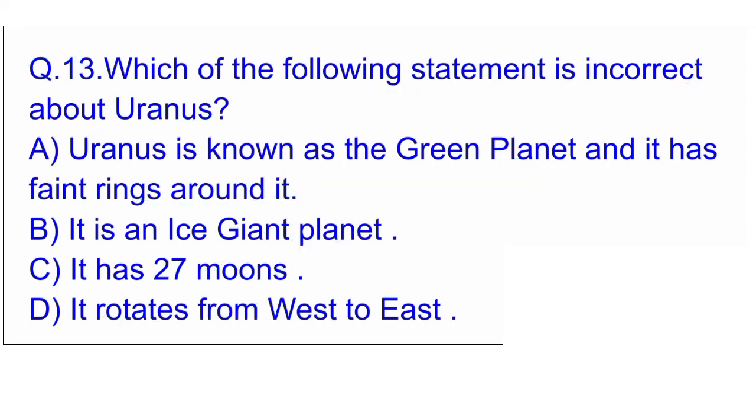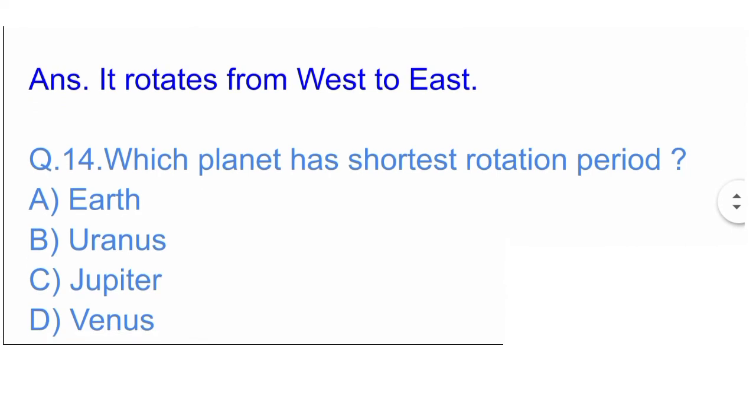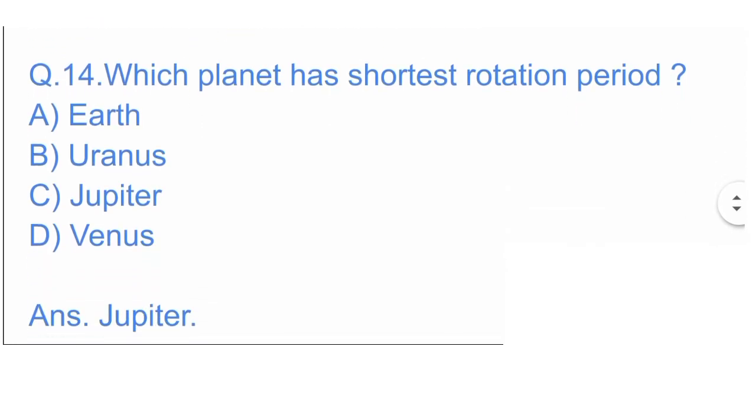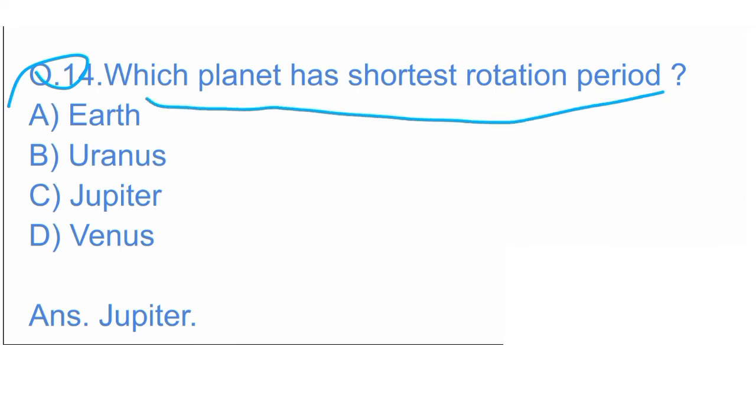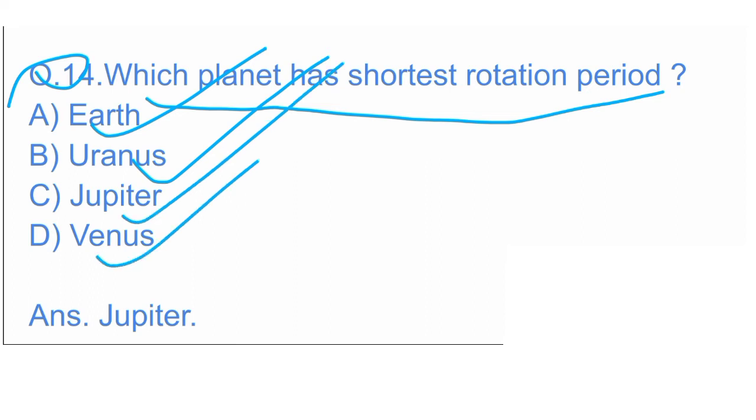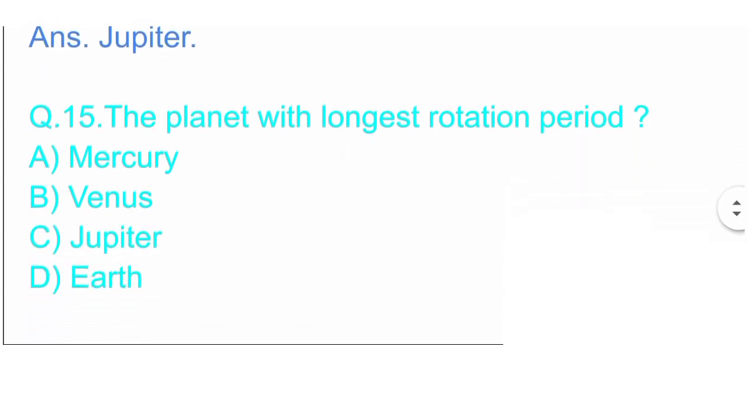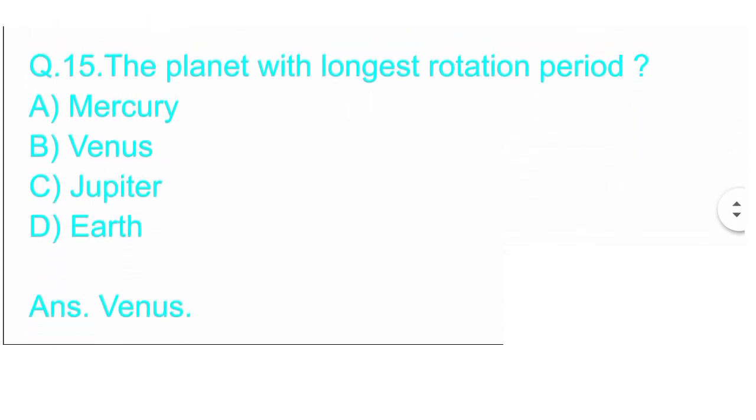Question number 14: which planet has the shortest rotation period? Option A, Earth; B, Uranus; C, Jupiter; D, Venus. The correct option is C, Jupiter. Question number 15: the planet with the longest rotation period?